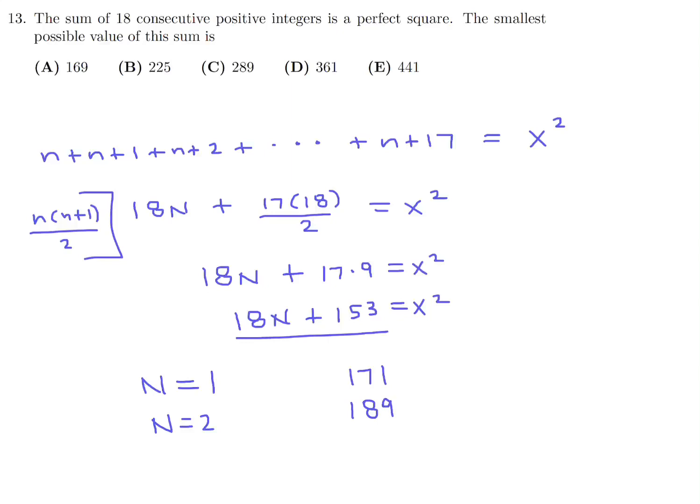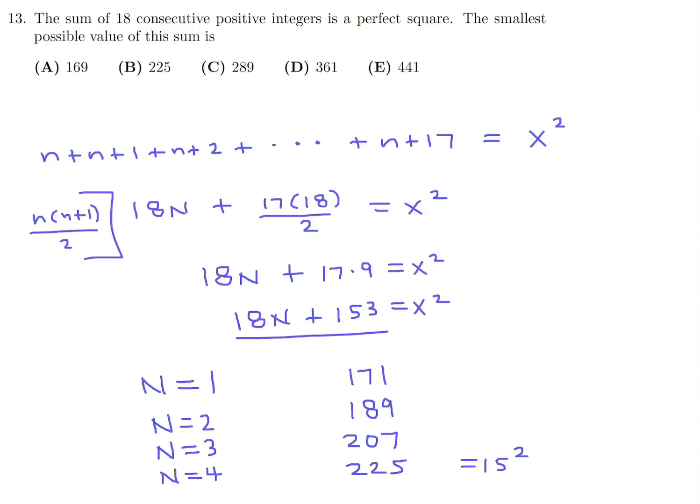Is that a perfect square? No. How about n equals 3? We'll get 207. That's not a perfect square. When n is 4, we'll get 225. That is a perfect square because 225 is equal to 15 squared.